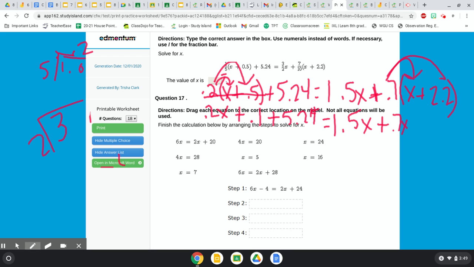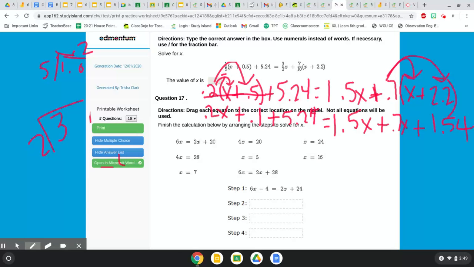And then I have a positive 0.7 times a positive 2.2, and that is going to give me, using my calculator, so feel free to use yours, a positive, obviously, 1.54. Okay, so I've taken care of all of my distributive property.